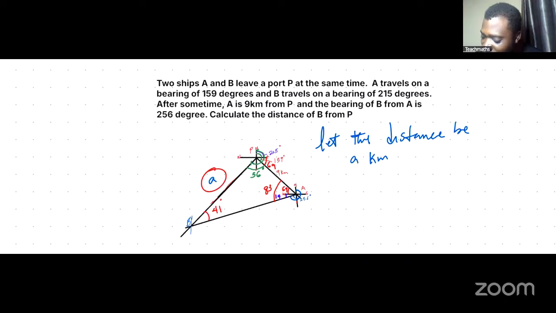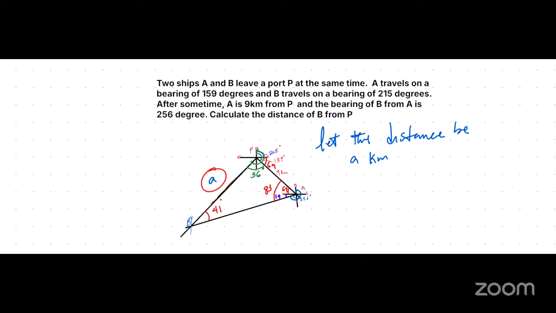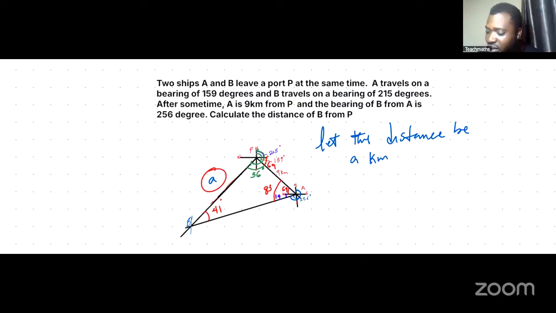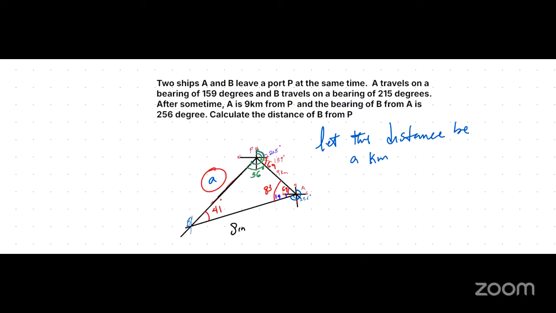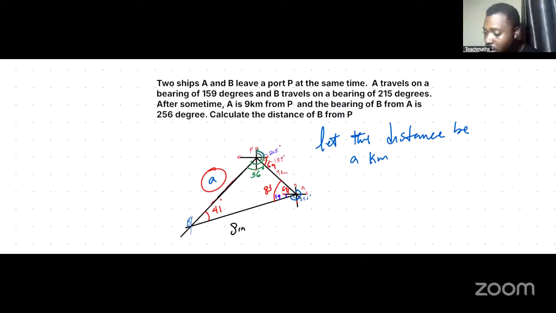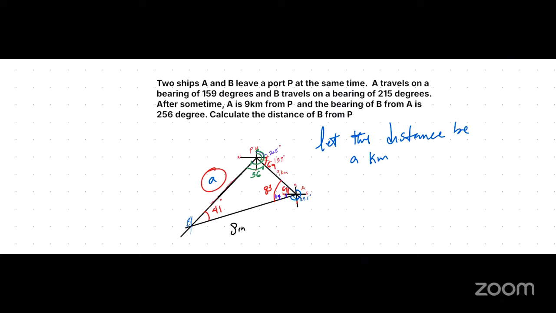To find the distance, we calculate the distance of B from P, because that's what we have to find. That angle is not 41, it's 55. Sorry, my mistake.